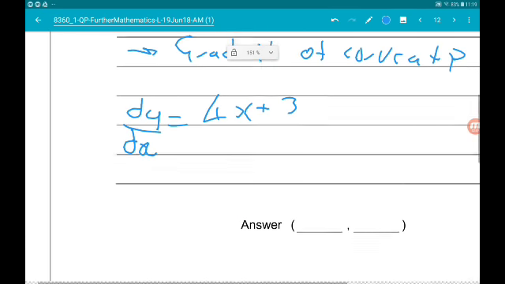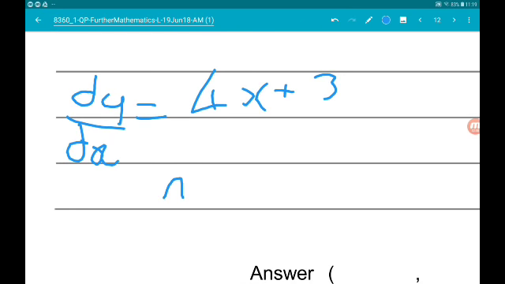Now we know at P, remember the derivative is the gradient function of a curve. So to find the gradient at a certain point, you would substitute in the x-coordinate to the derivative. Or, if we know the gradient, as we do here, we can do a bit of backwards engineering and find the x-coordinate.